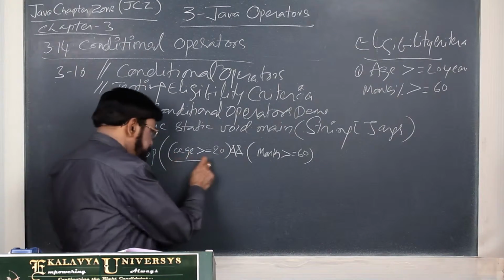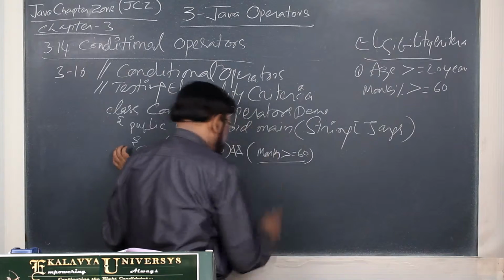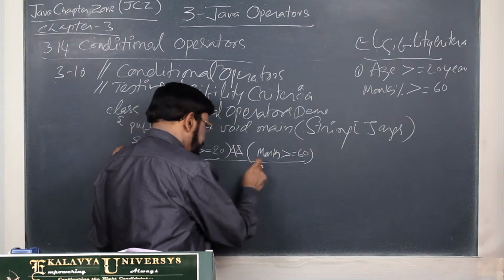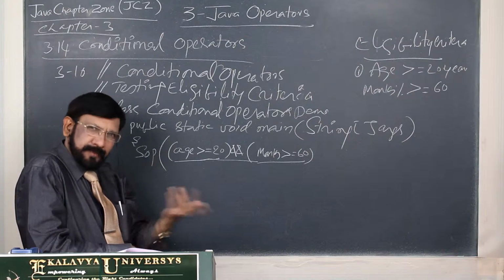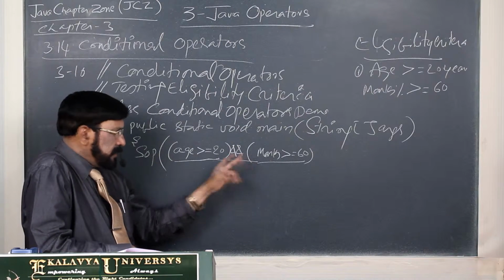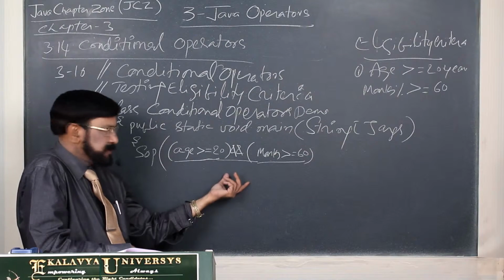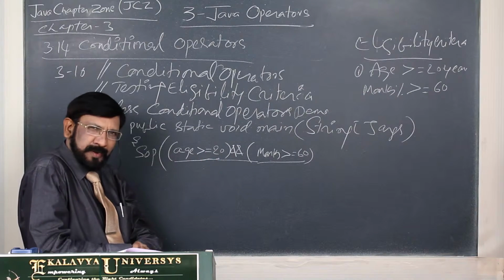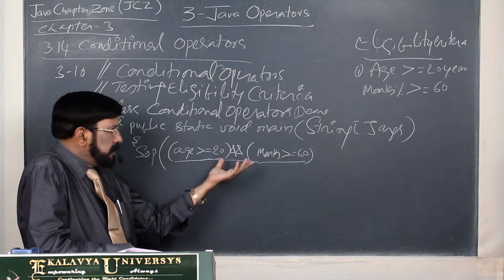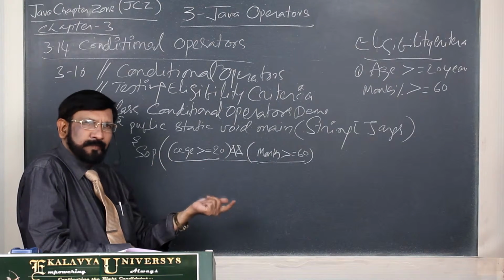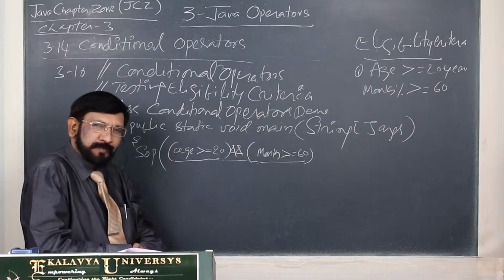This is a relational expression, this is another relational expression, and whenever we connect them with the logical operator and, or even or, then it becomes a logical expression. Now the logical expression we have created, we can call it a Boolean expression. Why? Its result is either true or false depending on the inputs.